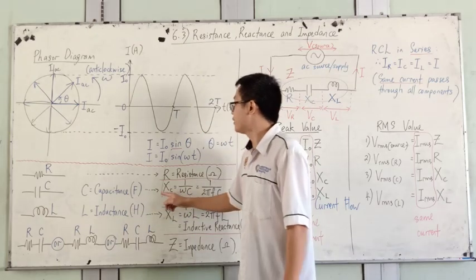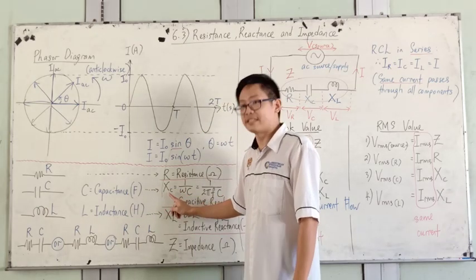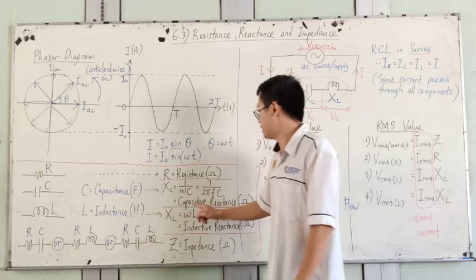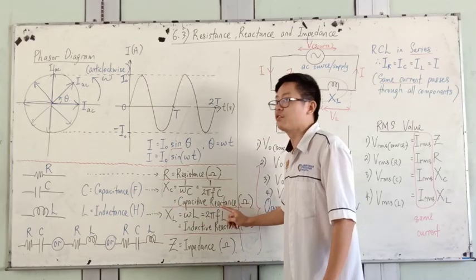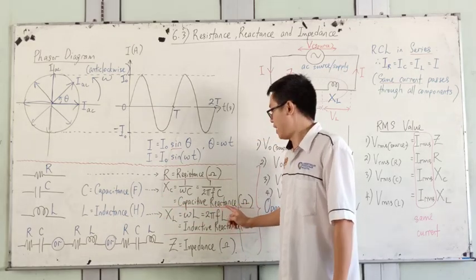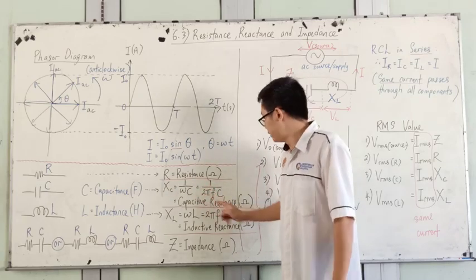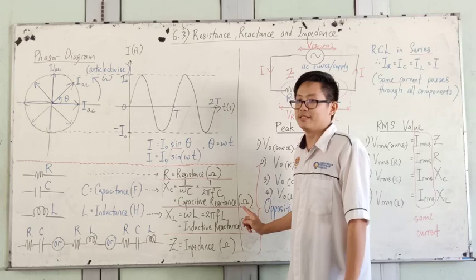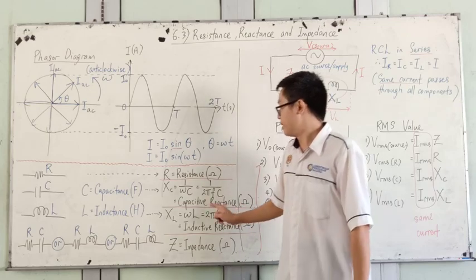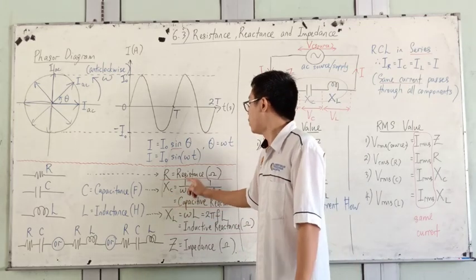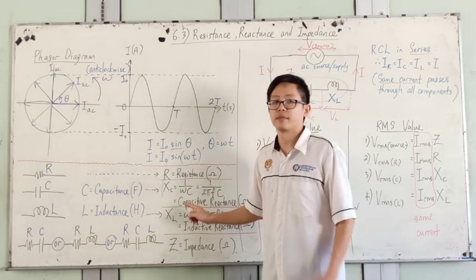But then we have Xc, called the capacitive reactance. Capacitive reactance is just like resistance. The unit is also ohm. The formula for Xc is 1 over omega C.